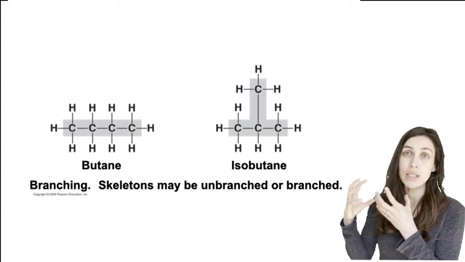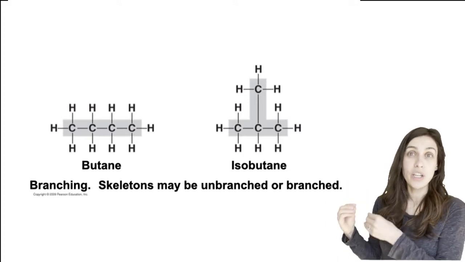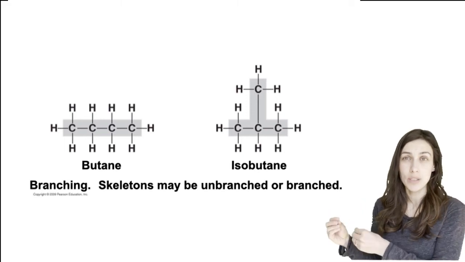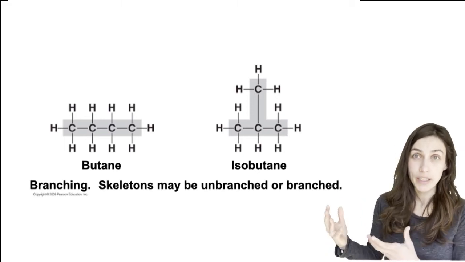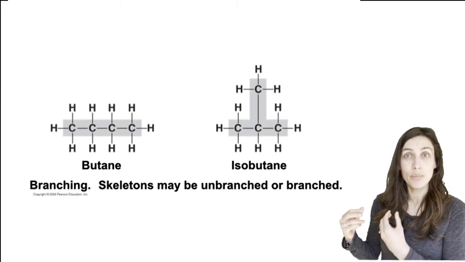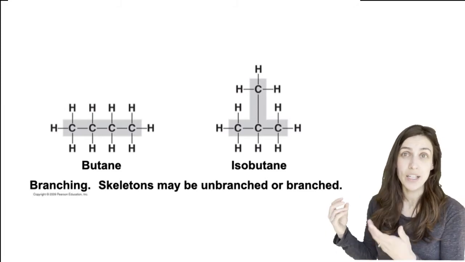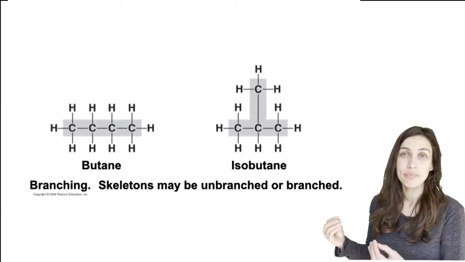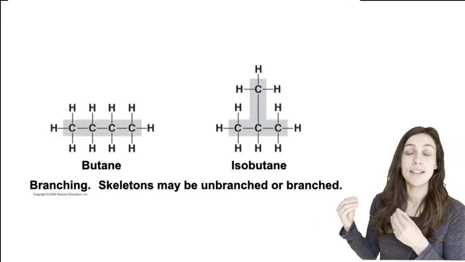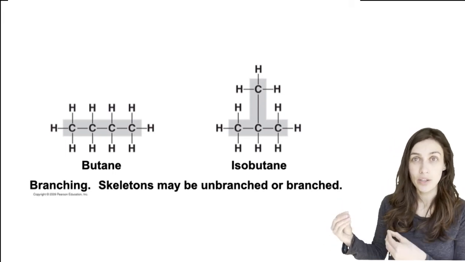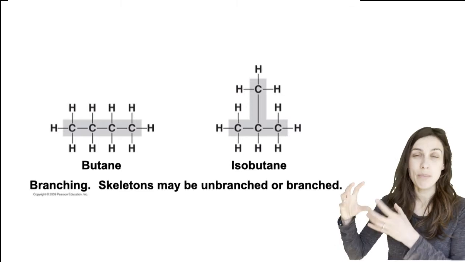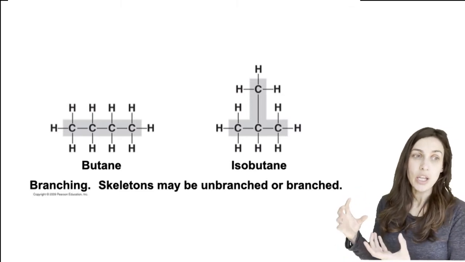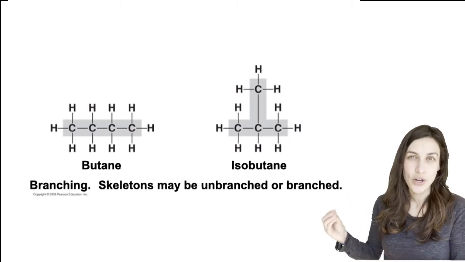So it's a 3-dimensional shape that will differ from butane to isobutane. And as you probably guessed, butane and isobutane have significantly different properties. So the way that the atoms are connected to one another will determine the 3-dimensional shape of the molecule, which will determine its function.